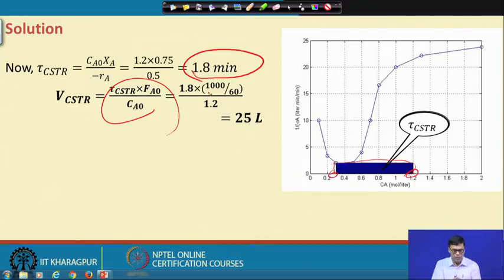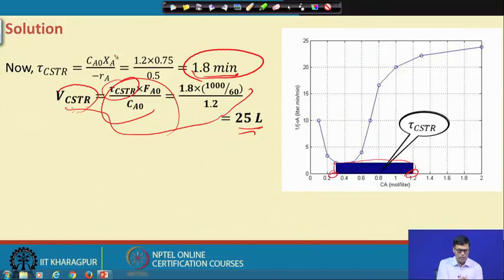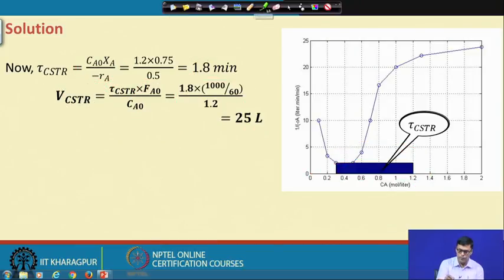Once you have the time value, you put it in the equation and you will find 25. So, instead of using the equation, you can find it through the graphical method also.